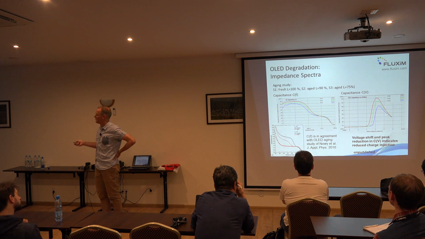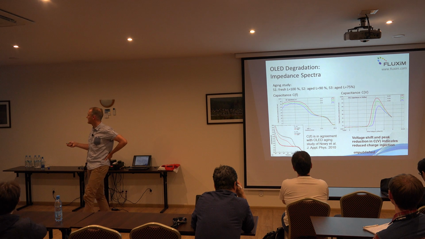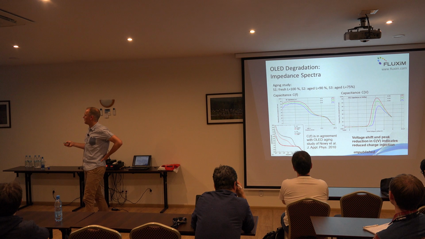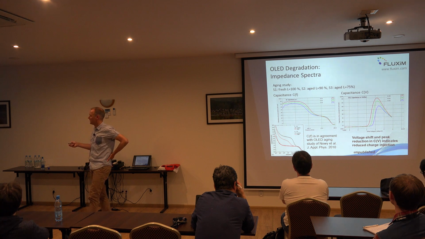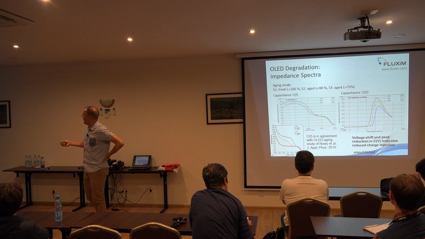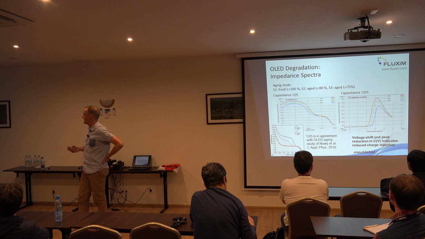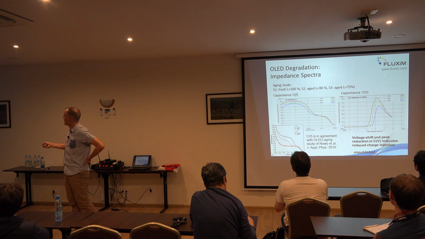The second OLED was already stressed and only emitted 90% of the light, and one was further degraded to only emit 75% of the initial brightness. And you see that they have a systematic signature in these capacitance-frequency and capacitance-voltage curves.